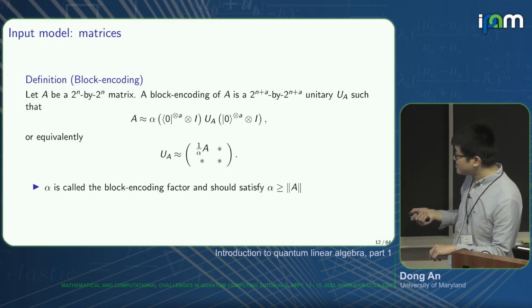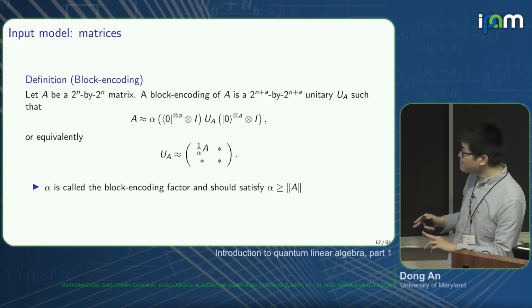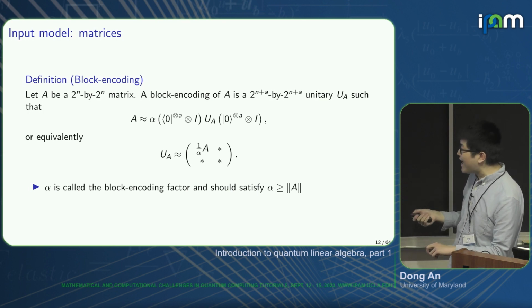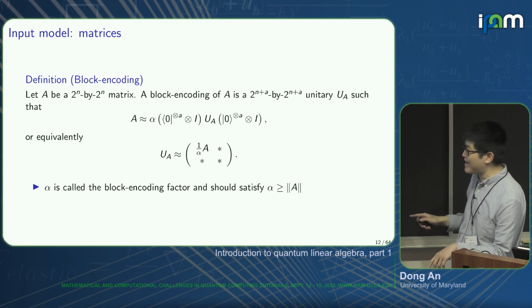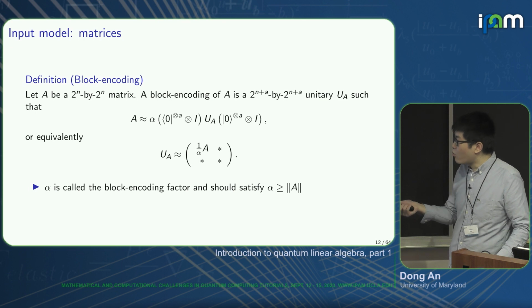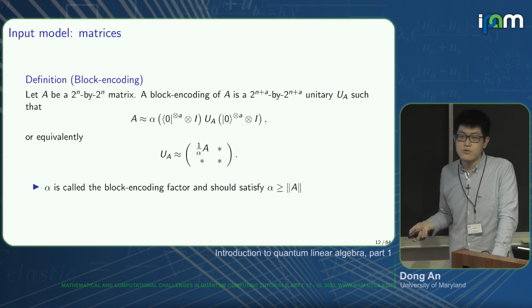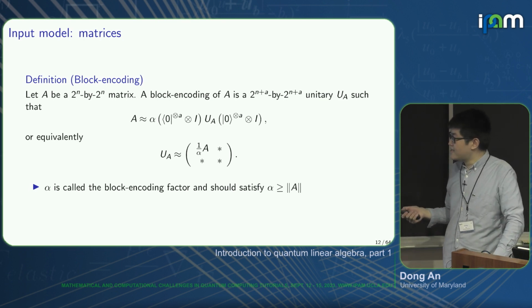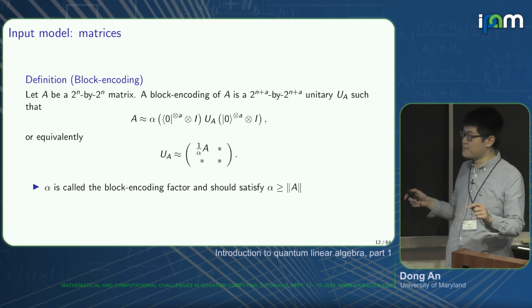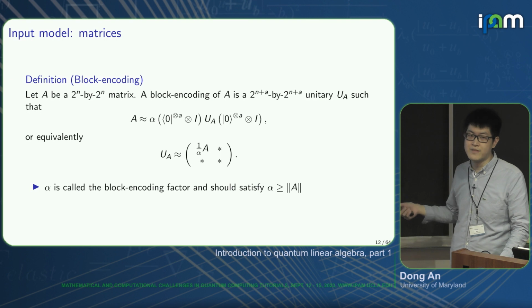This is the input model for the matrix. We will assume this input model, but we have this parameter alpha, the so-called block encoding factor, and it should satisfy that alpha is at least the spectral norm of A. The reason is that we want U_A to be a unitary operator, which means that a sub-block of this unitary operator should have bounded spectral norm, bounded by 1.